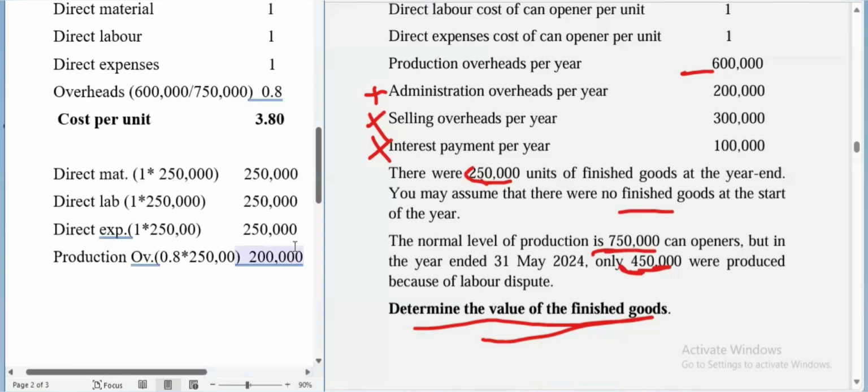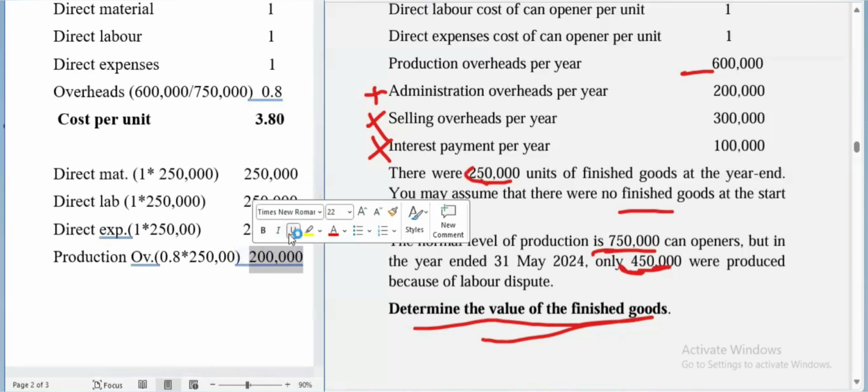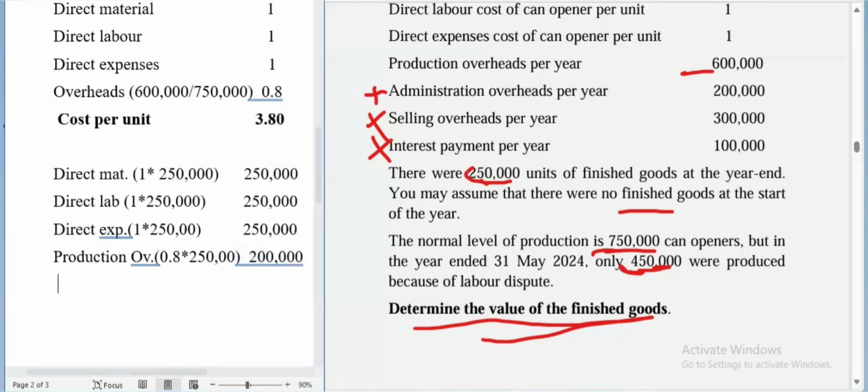So summing all these three should give us 950,000. Let's check. So the 950,000 is the value of closing inventory. That's the value of finished goods.